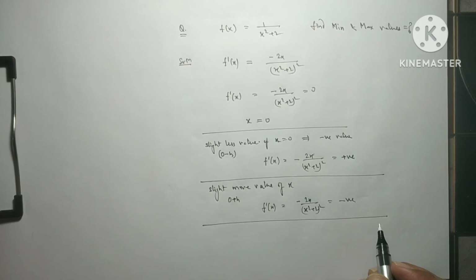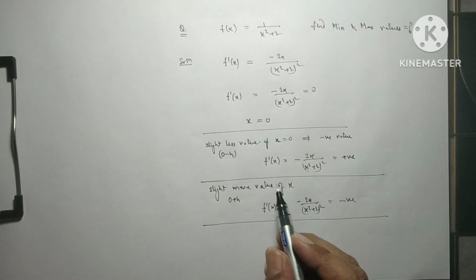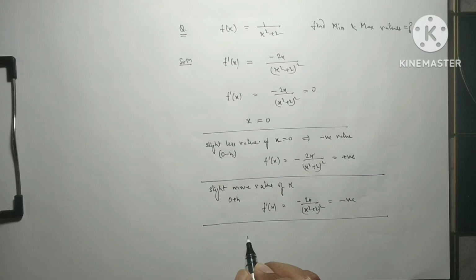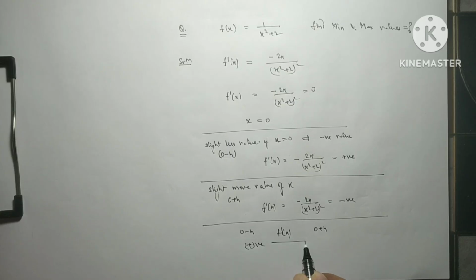So right now we observe that the sign of f dash x changes from positive to negative. So from 0 minus h to 0 plus h, the f dash x sign changes from positive to negative.